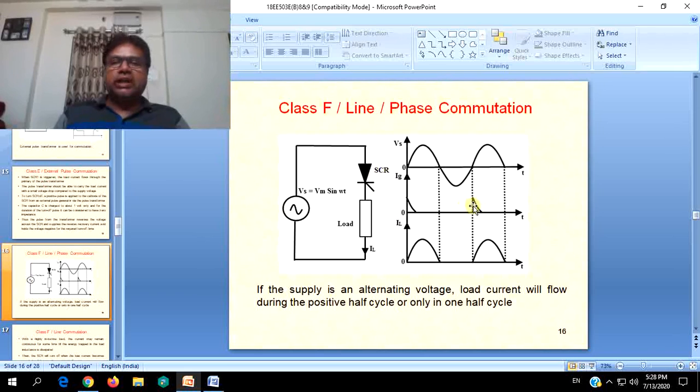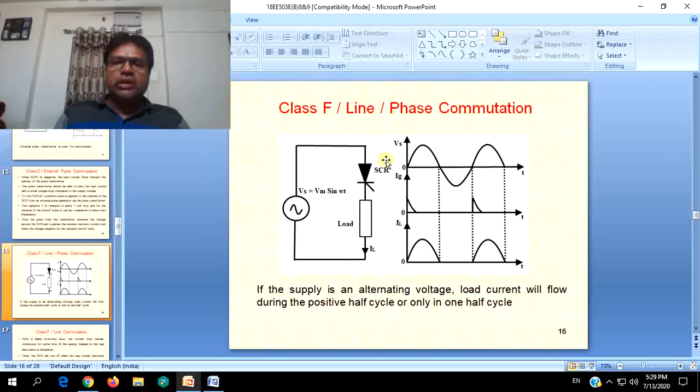So both the conditions to turn off an SCR, the forward anode current should become zero and a reverse voltage should be applied, so that the SCR will regain its forward blocking position. This is immediately and automatically achieved. You need not do anything.